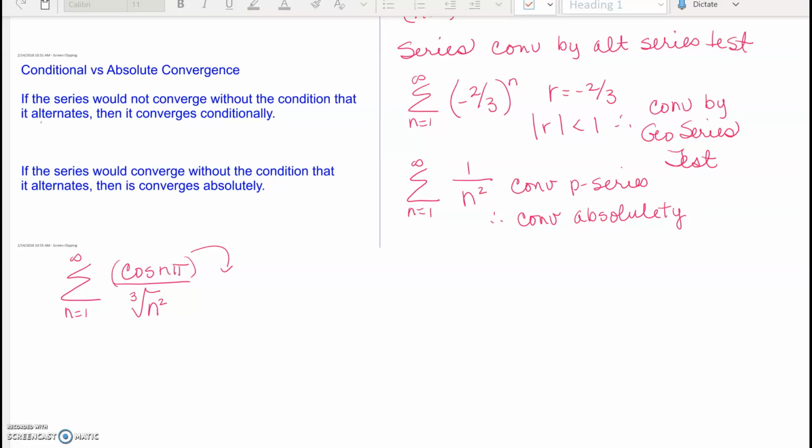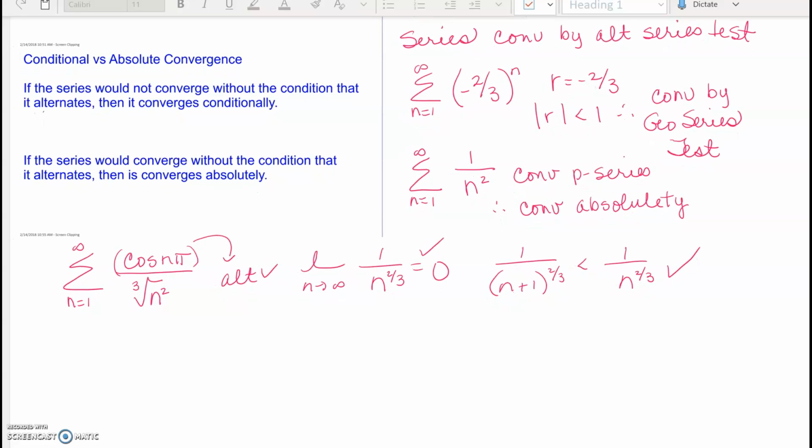So yes, it alternates. Does the limit as n goes to infinity of 1 over n to the 2/3 go to 0? Why, yes, it does. And is 1 over n plus 1 to the 2/3 less than 1 over n to the 2/3? That's true as well, because the bottom is bigger on the left than it is on the right, so the whole quotient is smaller. Now, we've proven that it does converge by the alternating series test.